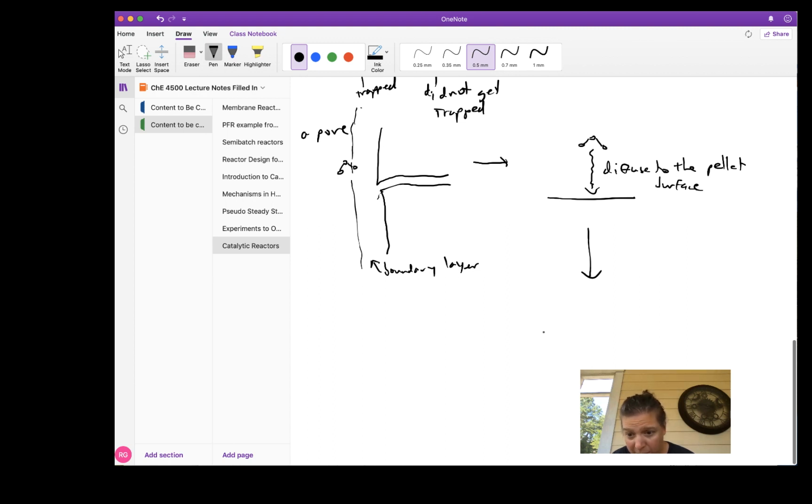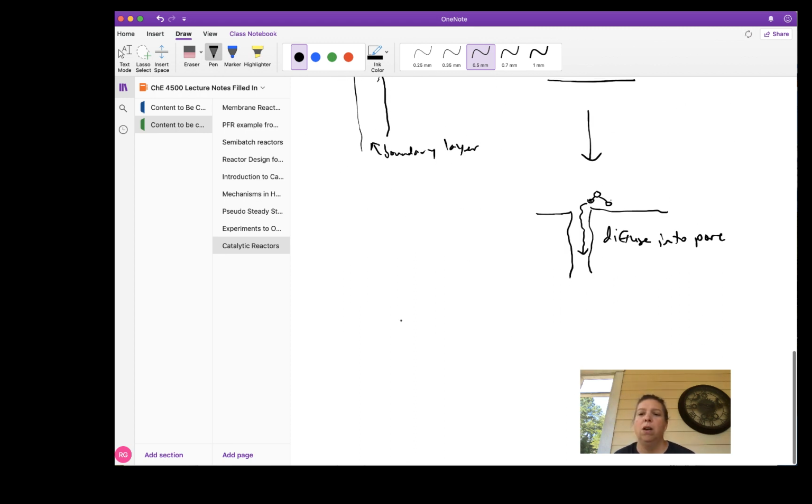So we get kind of closer. We have this pore. Now I have a molecule that's gotten to the pore surface. To react, it has to diffuse into the pore. Once it diffuses into the pore, it has to diffuse throughout this channel.